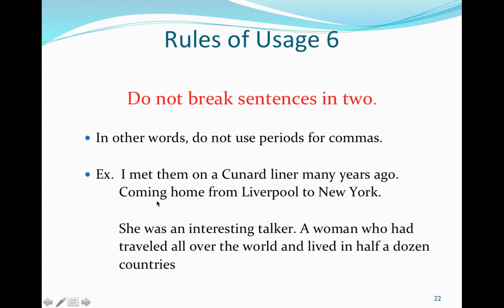Let's look at the next part. Coming home from Liverpool to New York. Okay, this is not a complete thought. Coming home from Liverpool to New York. Where is your subject? Who was coming home from Liverpool and going to New York? This sentence leaves it out, but it begins with a capital letter and closes with a period.